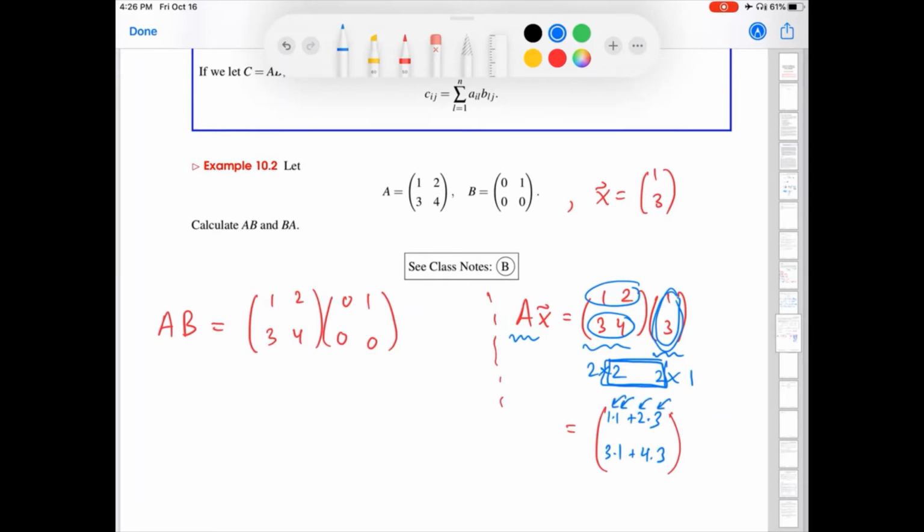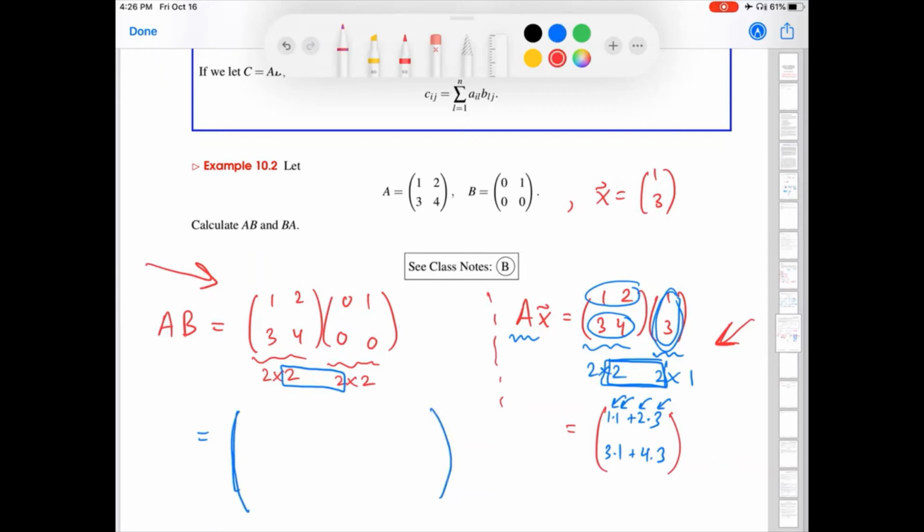Now I'm going to go over here to the left-hand side, back to this original problem, and start off paralleling everything I did on the right-hand side. A is a 2 by 2 matrix. B is a 2 by 2 matrix. Similar requirement: these inner numbers have to match in order for me to multiply these two matrices. Why? Because I'm going to get something very similar to what happened in the vector case.